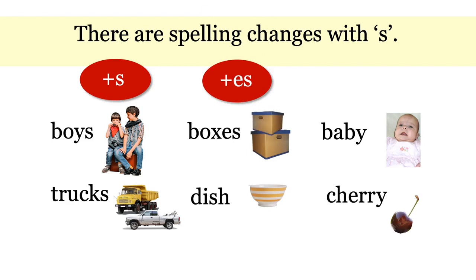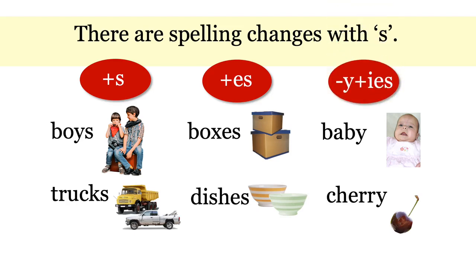Box changes to boxes, and we add ES to dish to get dishes. And sometimes we drop the Y and add IES. For example, baby, we drop the Y and add IES to get babies. And cherry, we drop the Y and add IES to get cherries.